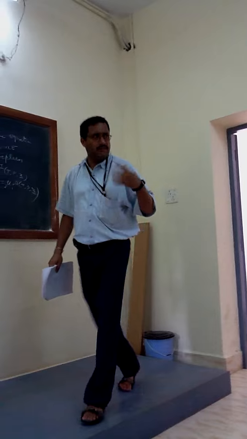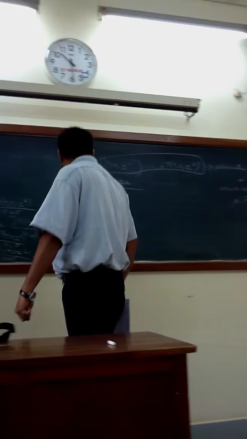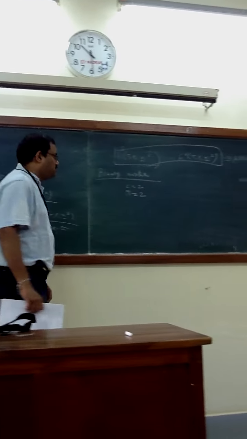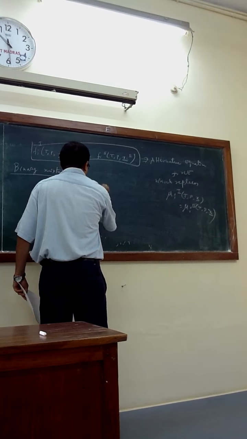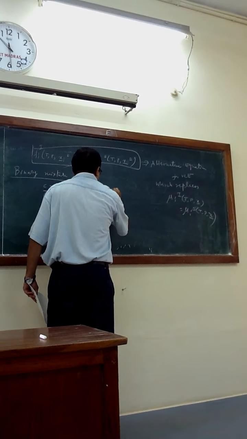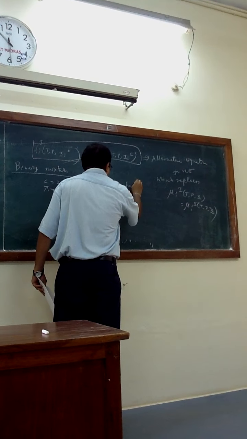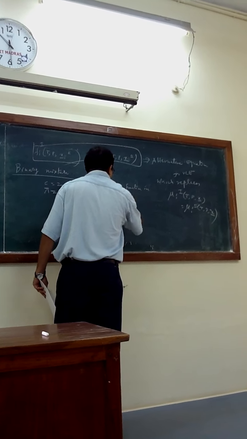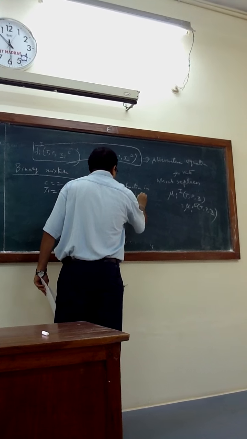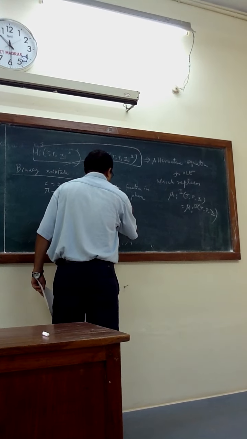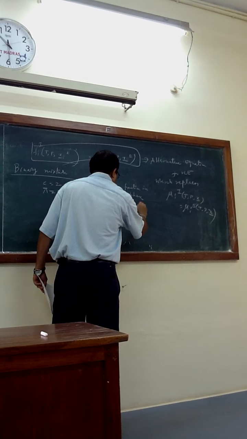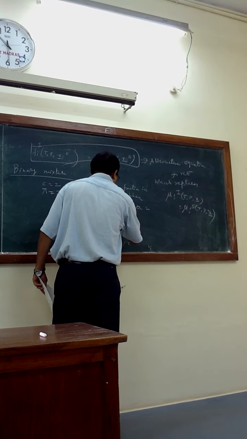That's in this syllabus: vapor liquid equilibrium. C equals 2, pi equals 2. I am saying that x denotes mole fraction in liquid phase, and y denotes mole fraction in vapor phase.